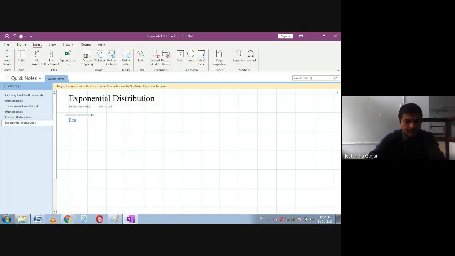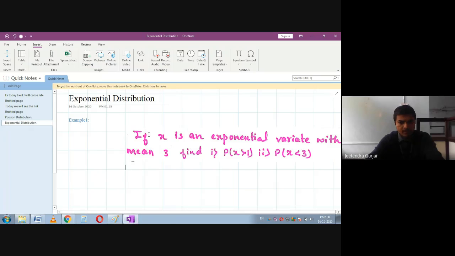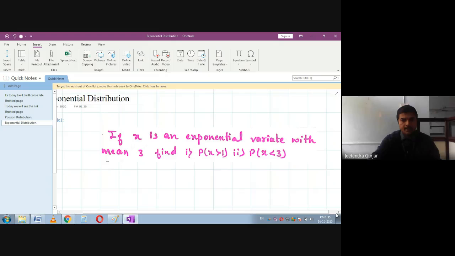We'll go with example 1 for the exponential distribution. So we have this example, students. If x is an exponential variate with mean 3, find p of x less than 1 and also find p of x greater than 1, students.